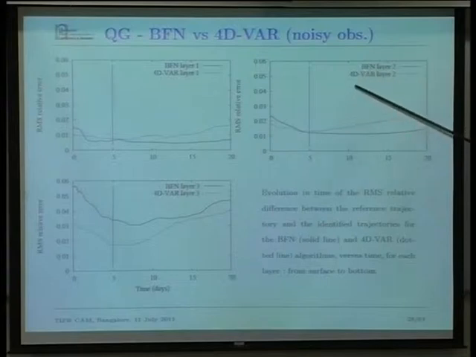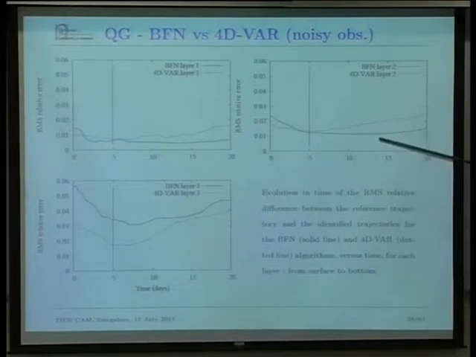But then the idea is that on this model it has been proven in the late 90s that with observations only at the surface, you can correct all the layers. So the idea was to see if it's also possible with the back and forth nudging, because you correct only the upper layer with the observations.